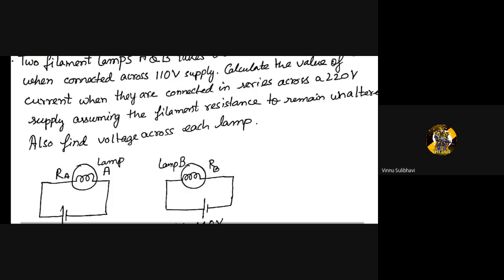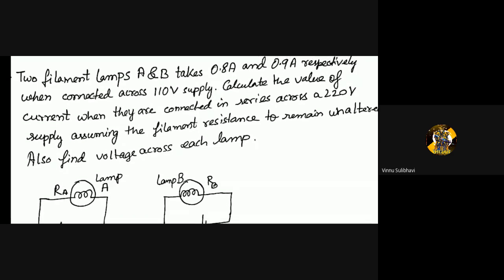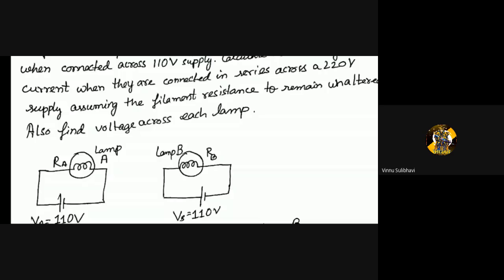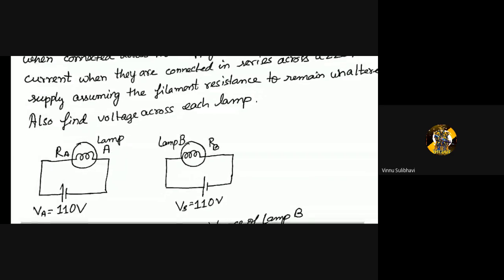They have asked to calculate the value of voltage and value of current when they are connected in series across a 220 volt supply. So draw another diagram where these two lamps are connected in series with each other, and the supply voltage is 220 volt.